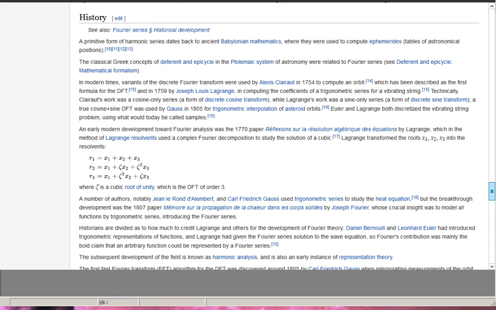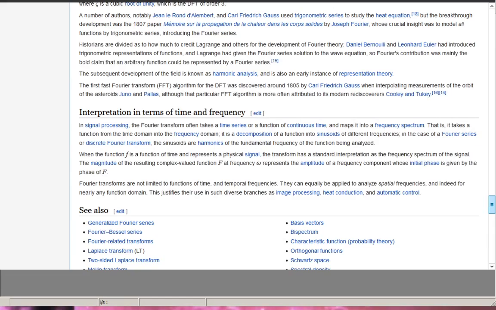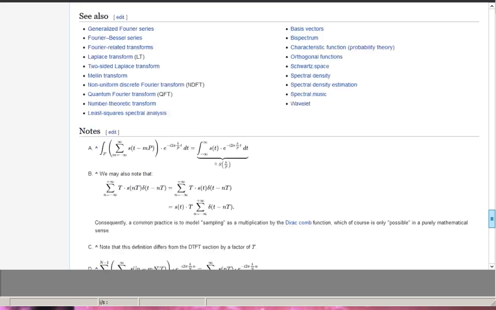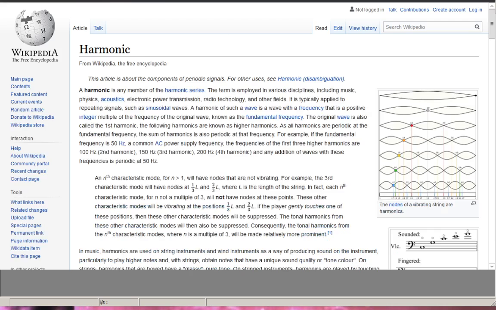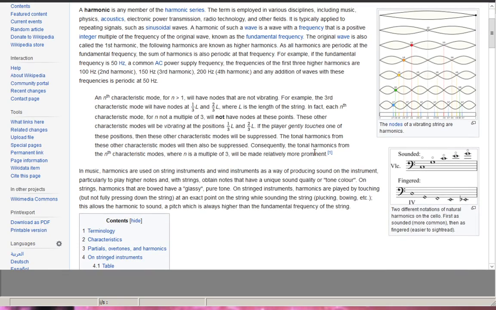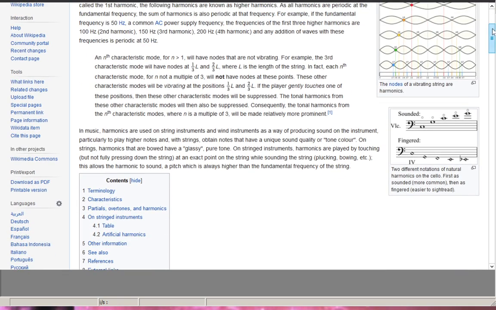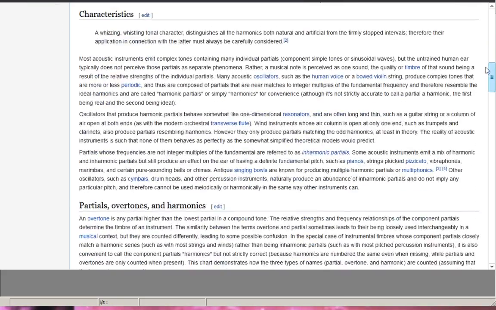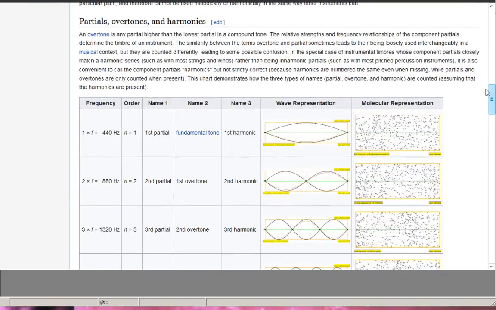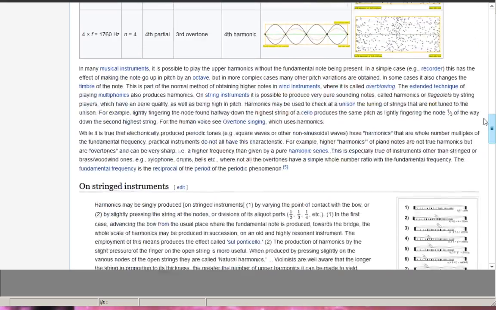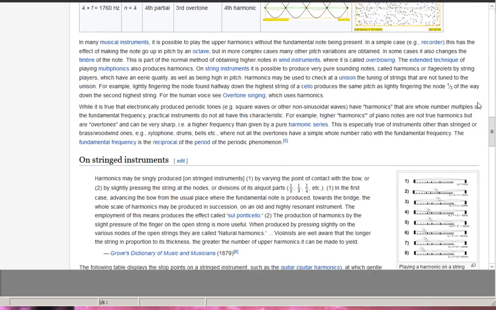Root of unity. So each instrument has different harmonic sounds, even though the note is the same note.